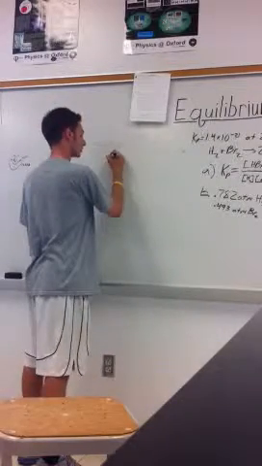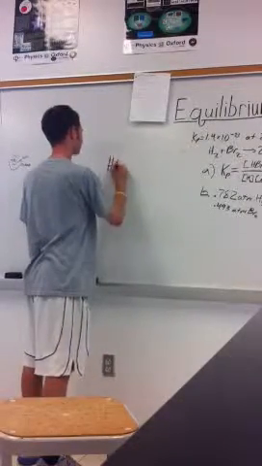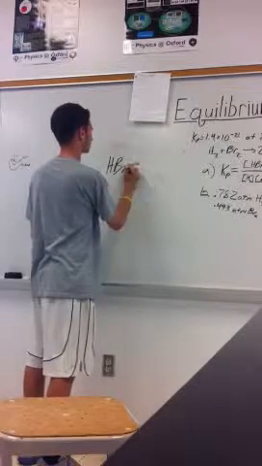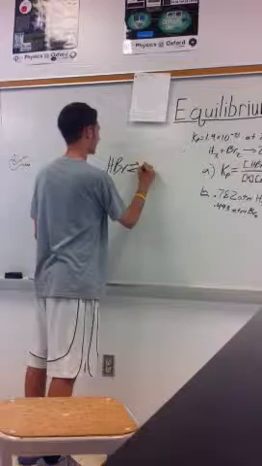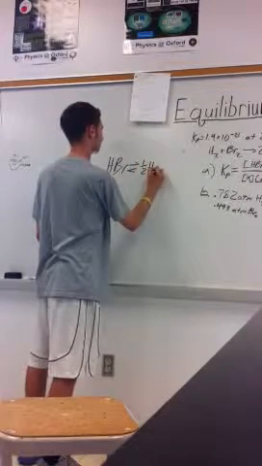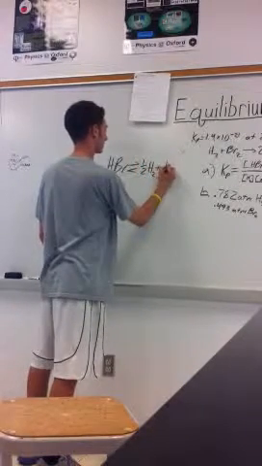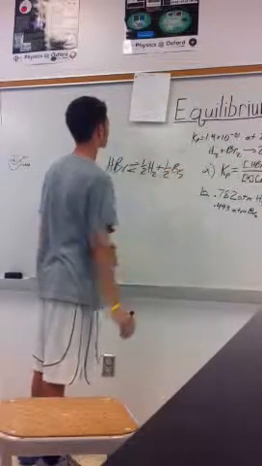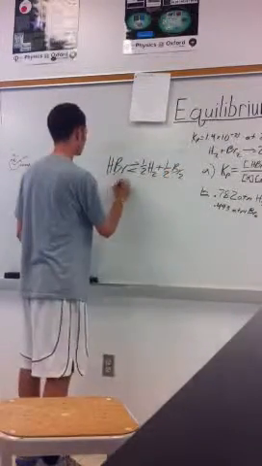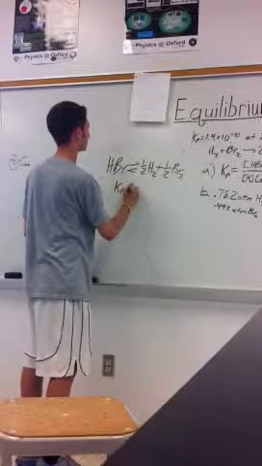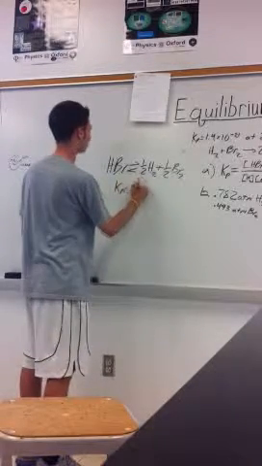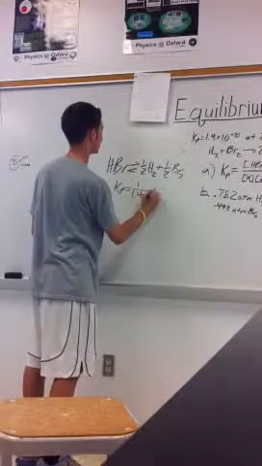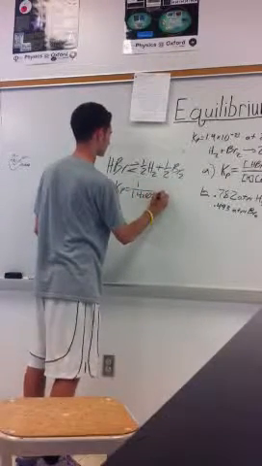So it will be HBr yields half mole of hydrogen gas plus 1/2 Br2. So, we have Kp equals 1 over 1.4 times 10 to the negative 21st.